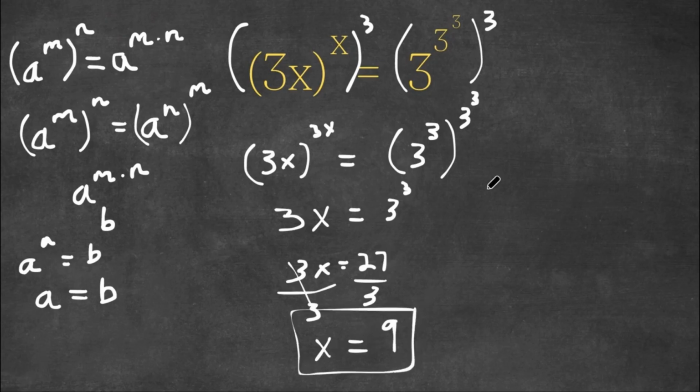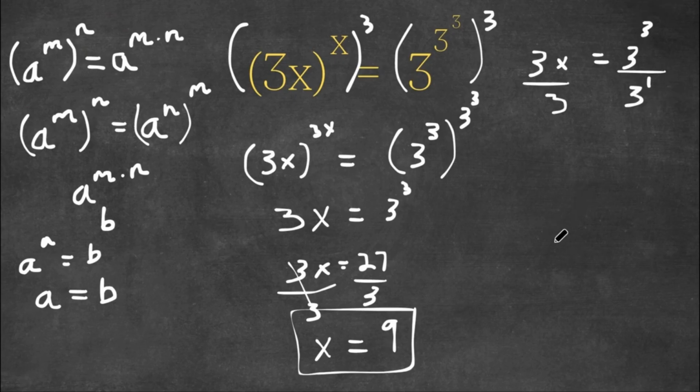Now our second way is 3x is equal to 3 to the power of 3. The second way is just simply dividing by 3 at the start, and 3 to the power of 3 divided by 3 is 3 to the power of 1.